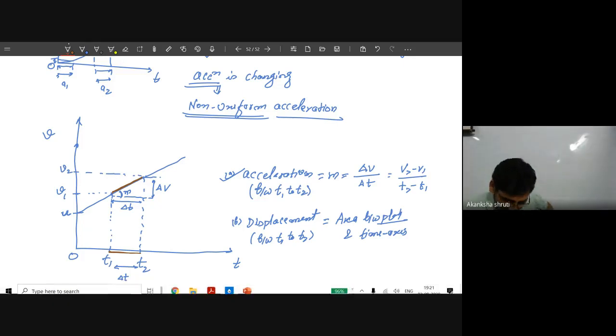For that you have to take care, the vertical lines we have drawn at t1 and t2 will act as the boundary. In between these boundaries, what is the area enclosed? Students, the area enclosed is like this one. I am hatching it with the dotted line.